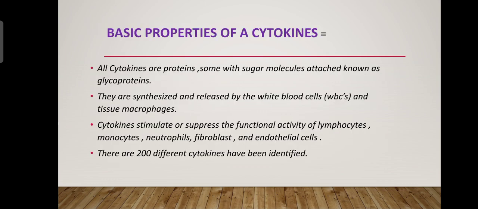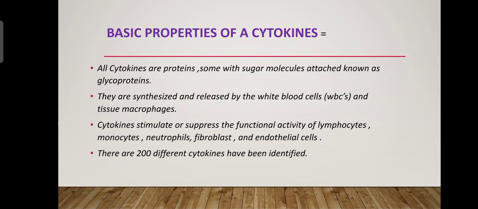Now let's see some basic properties of cytokines. All cytokines are proteins, some with sugar molecules attached, known as glycoproteins. They are synthesized and released by the white blood cells and tissue macrophages. White blood cells are formed in the bone marrow.